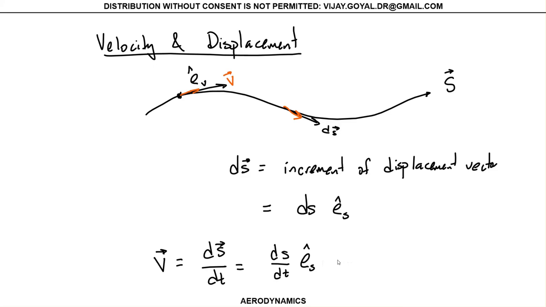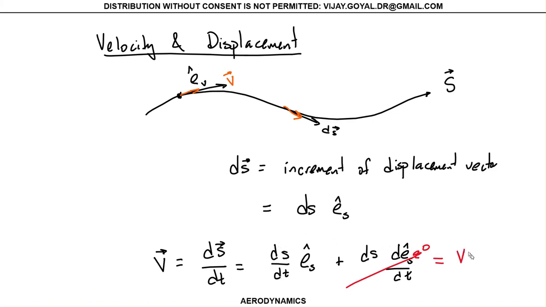Note that you could argue that I have something missing here, maybe I should also put s times de_s/dt, but this is a unit vector, so this whole term goes to 0. I don't have that term.